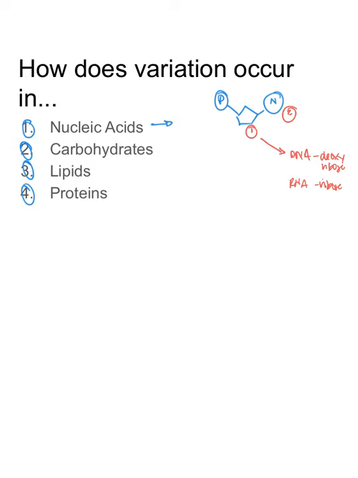The only difference there is it's got that OH on it in RNA, and DNA does not have that. Okay, so our difference here is the sugar. Variation can occur in the sugar, which can have different oxygen. It can be methylated. It can have different characteristics of that 5-carbon sugar that give it varying functions.